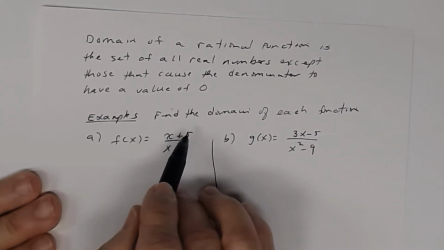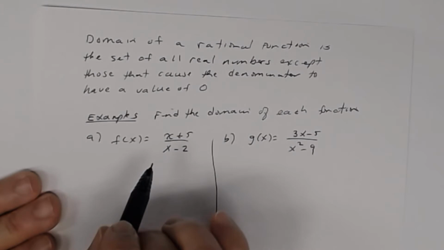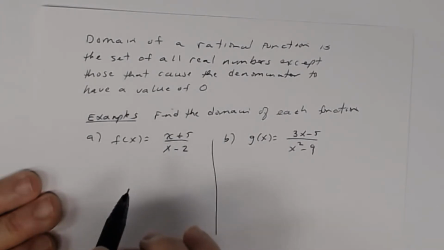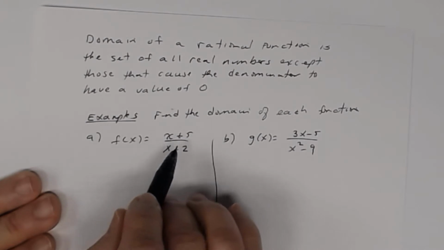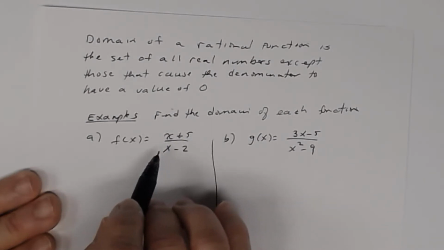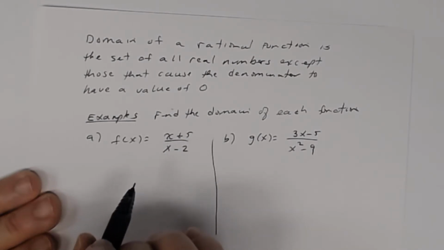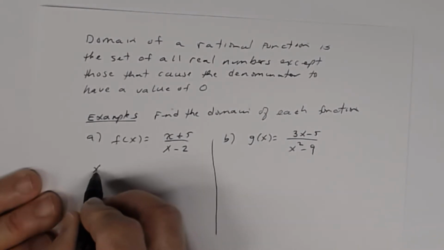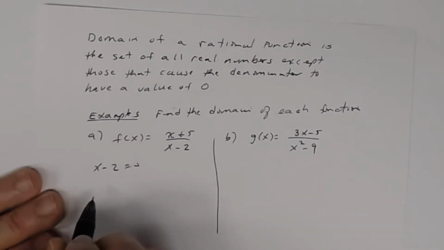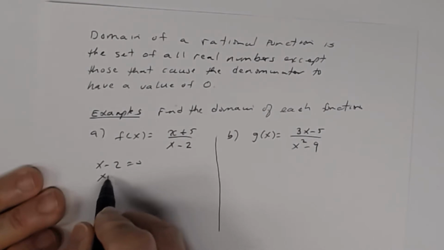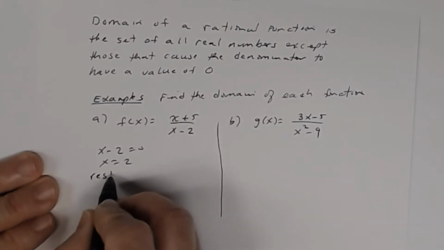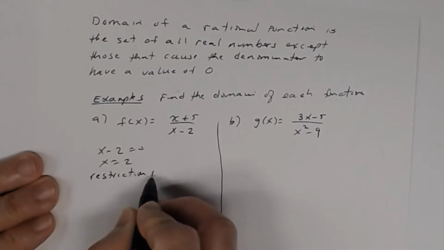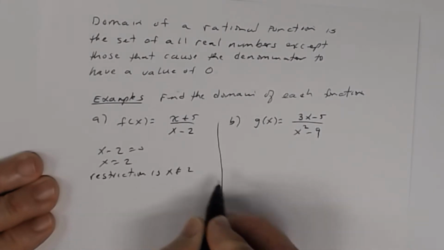It doesn't matter what the numerator is. The numerator can be 0. It's just that the denominator cannot be 0. So all you did, if you recall, when finding the domain of this particular rational function, f of x equals x plus 5 divided by x minus 2, you set the denominator equal to 0 and solve for x. You solve this linear equation, and you get x to be 2. So that's your restriction. What we found is that x cannot equal 2.